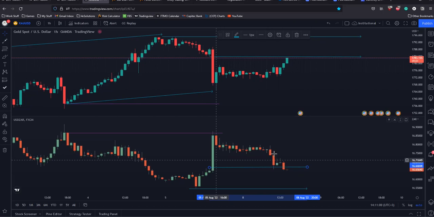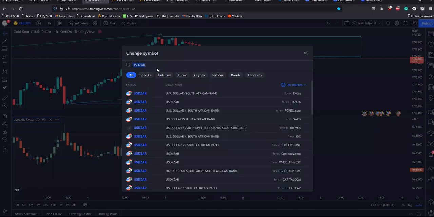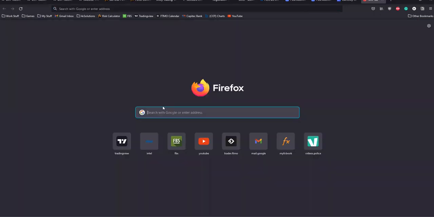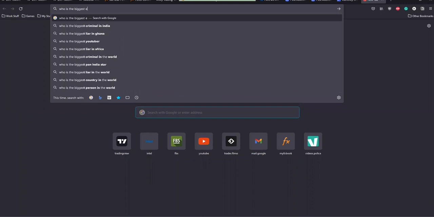Okay, so if ZAR was one of them, there is another one. Does anyone want to give it a try as to what it is? Any other currency, guys? In the world? Any idea who the answer to this question is going to be?